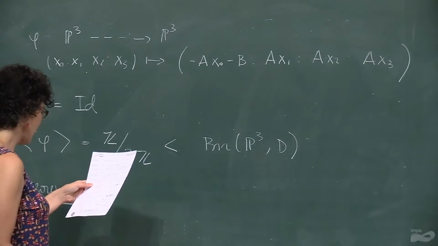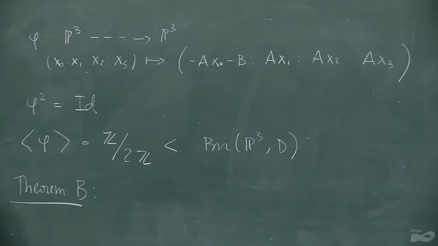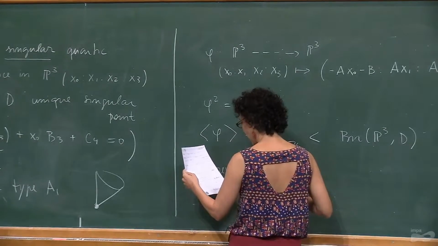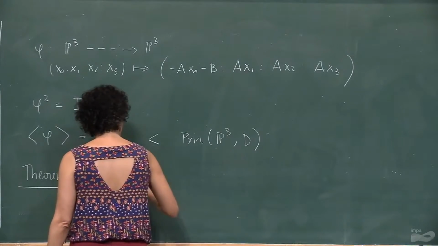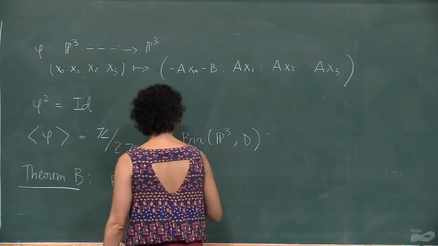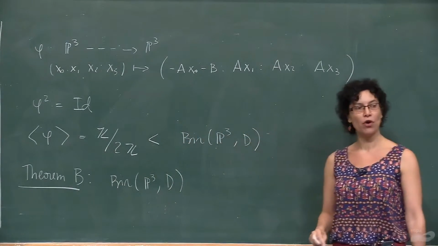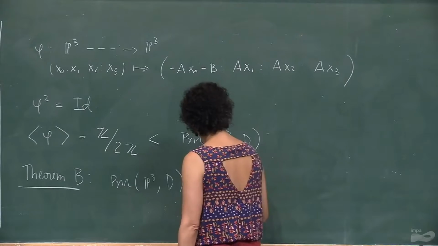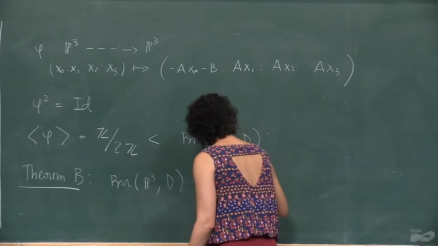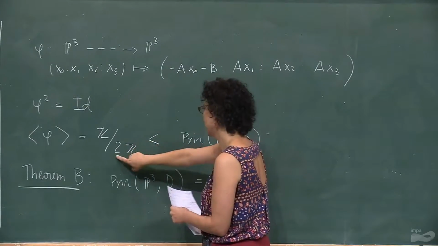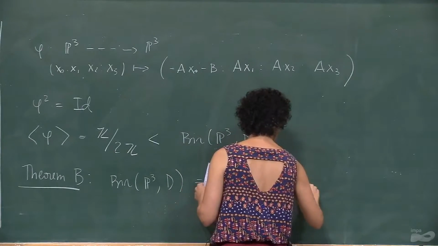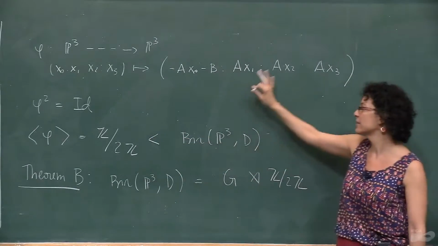So in this case, we have that the group of birational transformations of P3 that fix D, or that preserve the volume form associated to D, is a semi-direct product of a group G, which I will describe, and this cyclic group. So this is exactly the group generated by this special element.